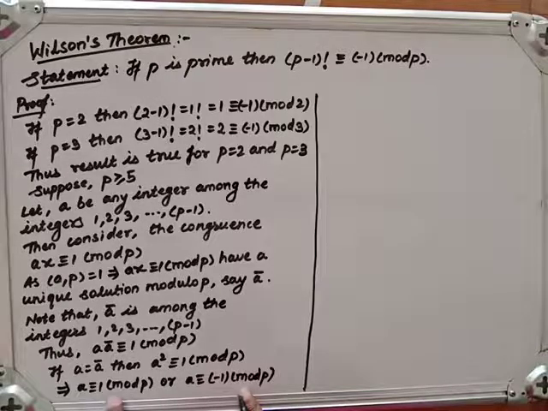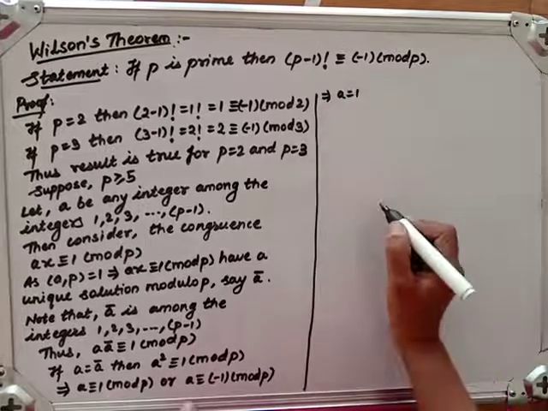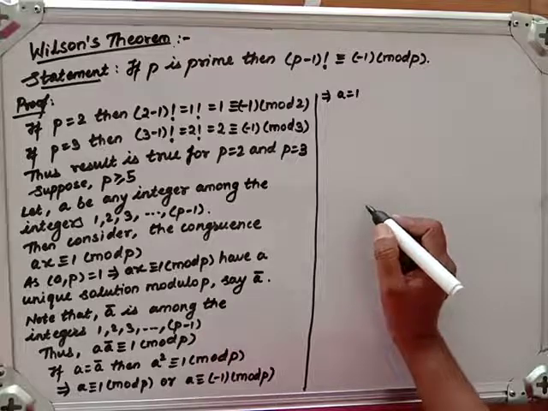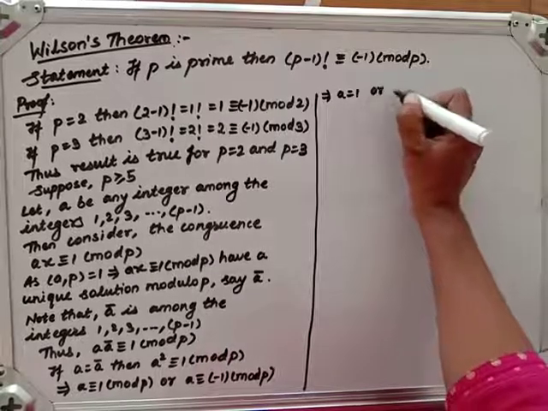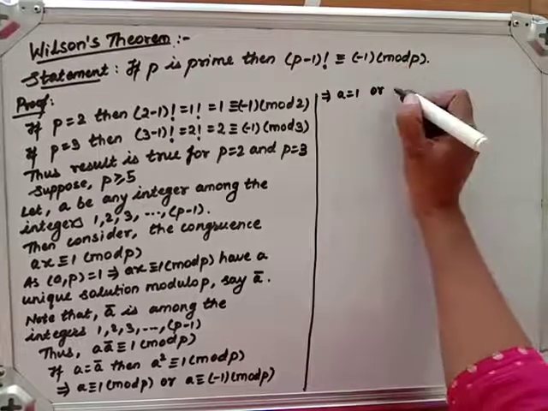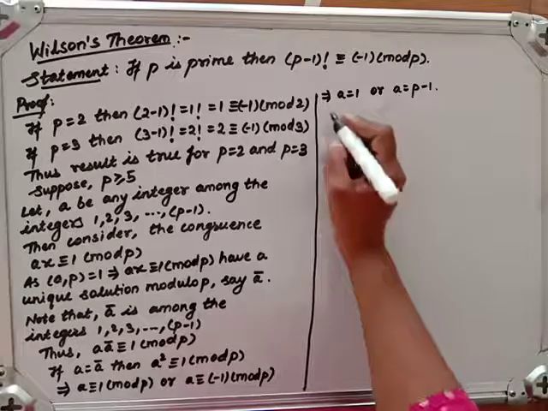So a congruence to 1 modulo p means a is equal to 1, and a congruence to minus 1 modulo p means a is equal to p minus 1. So in this case a will be 1 or p minus 1.